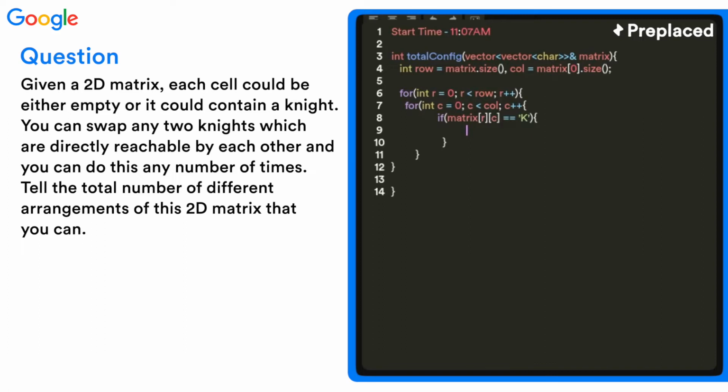So K1 is at 0, 3. So I can be going into 8 different positions from K1. Unless I'm going out of boundary, and if I'm within the boundary and I reach a K, I'll be grouping them both.